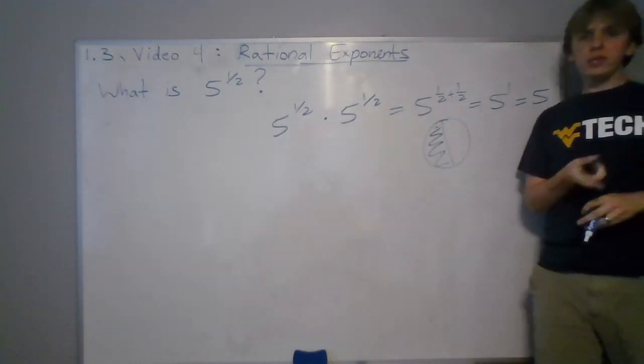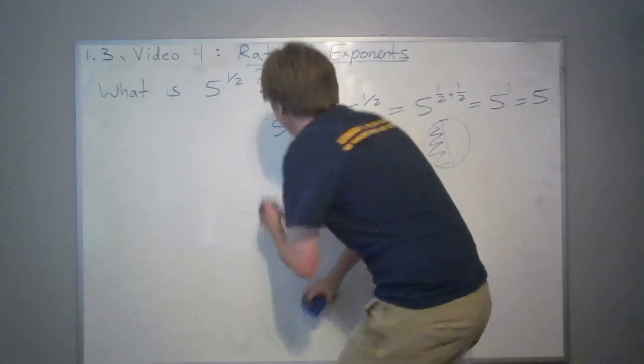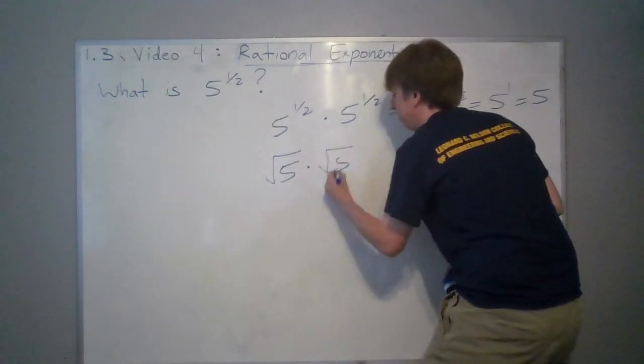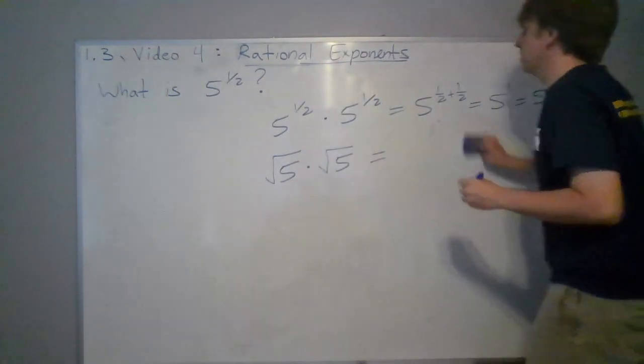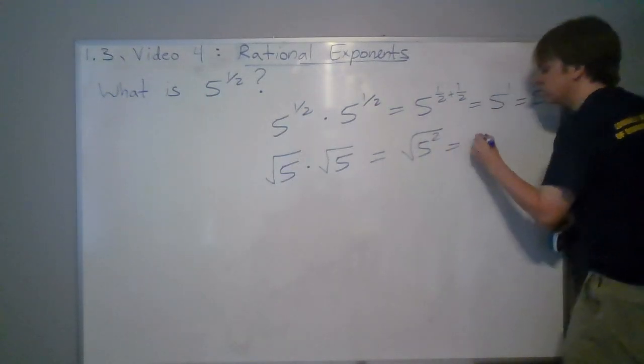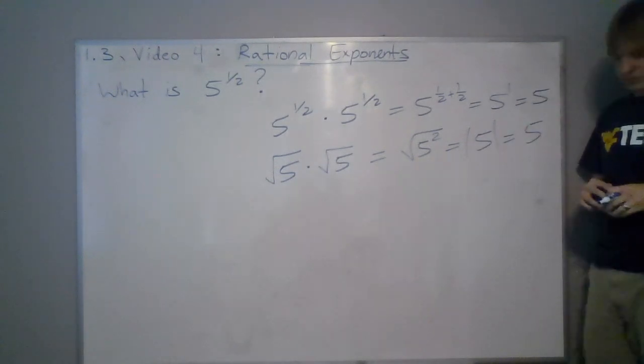There's another number that we know that does the same thing, namely the square root. If you take the square root of 5 times itself, that should be the square root of 5 squared, which is the absolute value of 5, which is also 5.